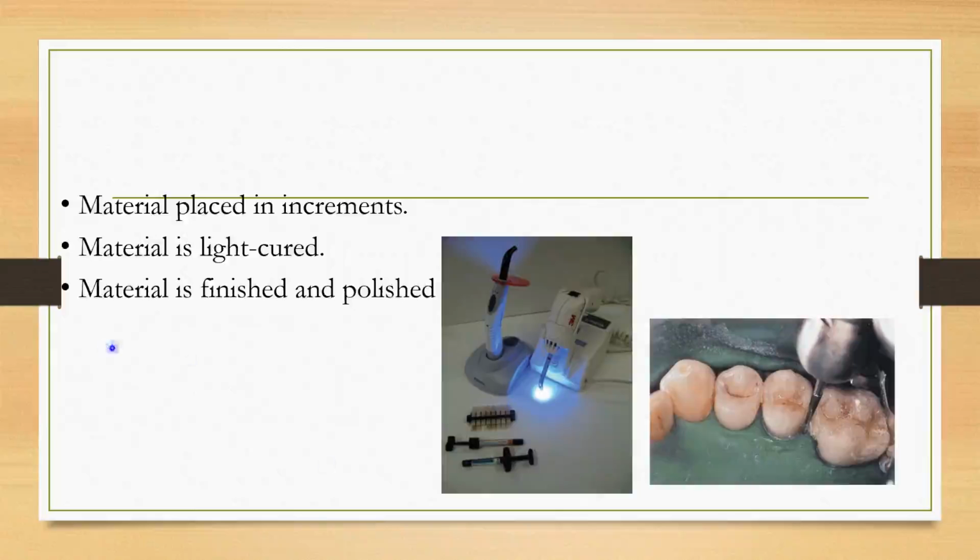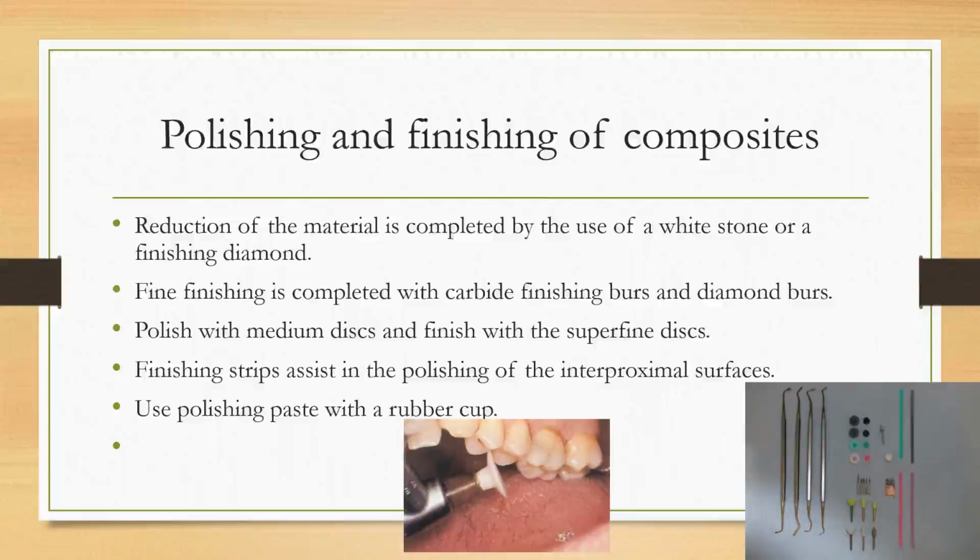And then the material is placed in increments, so small increments, then you light cure, another increment, light cure, another increment, until the cavity is filled. After that, when the filling is finished, it's polished using different types of burrs.